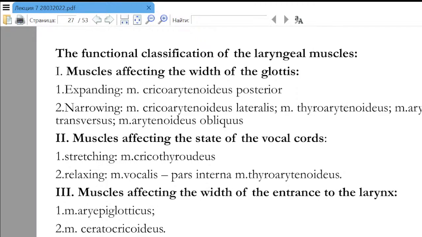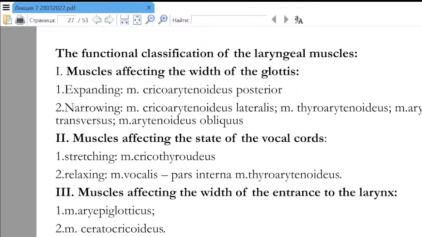Third group, muscles affecting the width of the entrance to the larynx: musculus aryepiglotticus, musculus ceratocricoideus. And fourth group, muscles of the epiglottis: musculus thyroepiglotticus.